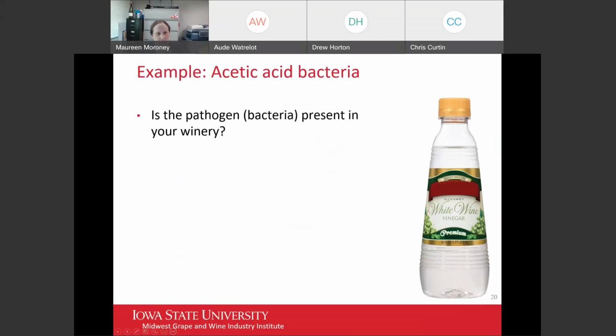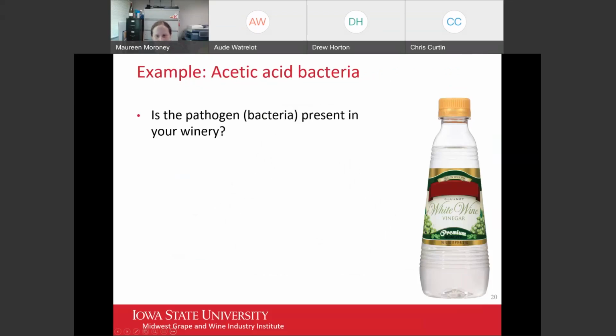But let's actually consider a real world example using that disease triangle as applied to winemaking. One of our most common wine spoilage microbes is acetic acid bacteria, which produces that vinegar aroma we talked about. I know that you can't answer me out loud, but you can answer each of these questions in your head.